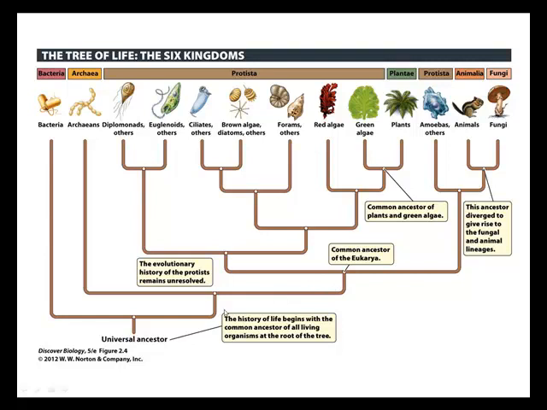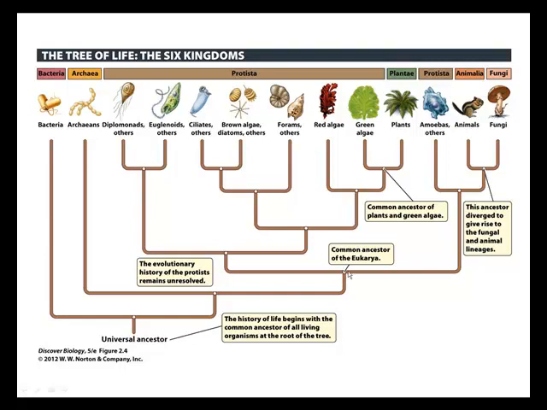So if you look at this, I know there's a lot of curvy lines here, but if we move to the universal ancestor and we move up one branch point, what you can see is that you still have a bacterial lineage that's coming this direction, but if you move to the right, you have the beginning of eukarya. All the eukaryotes, the protists, the plants, the animals, the fungi.